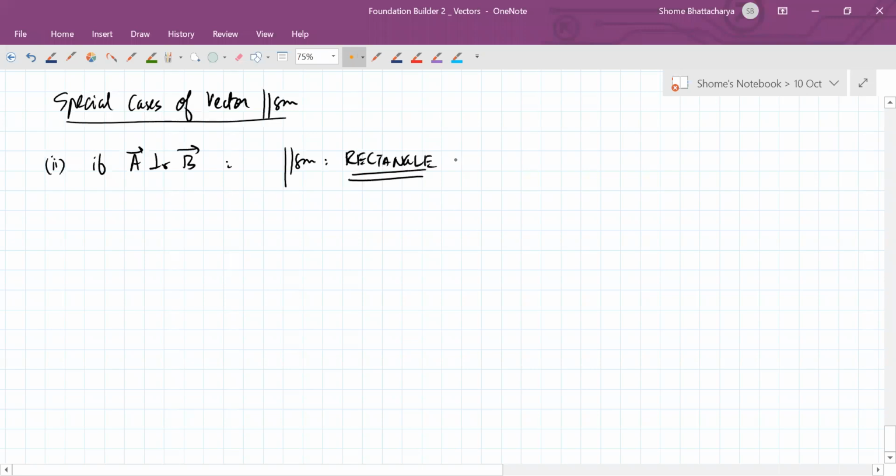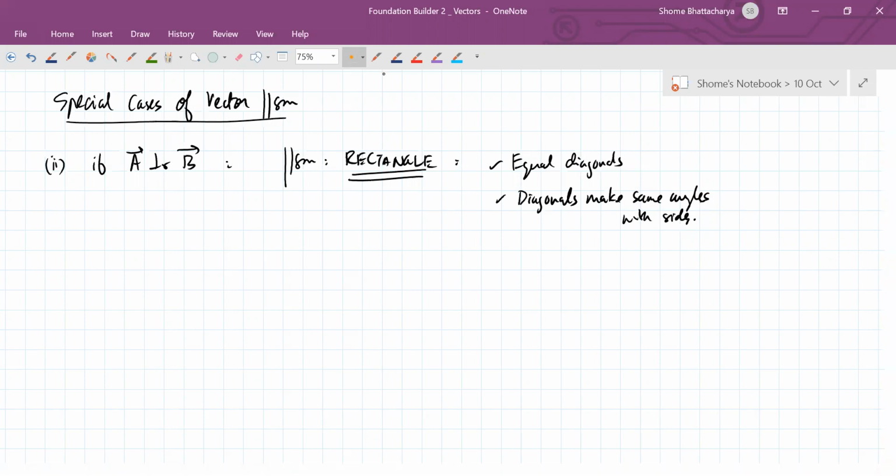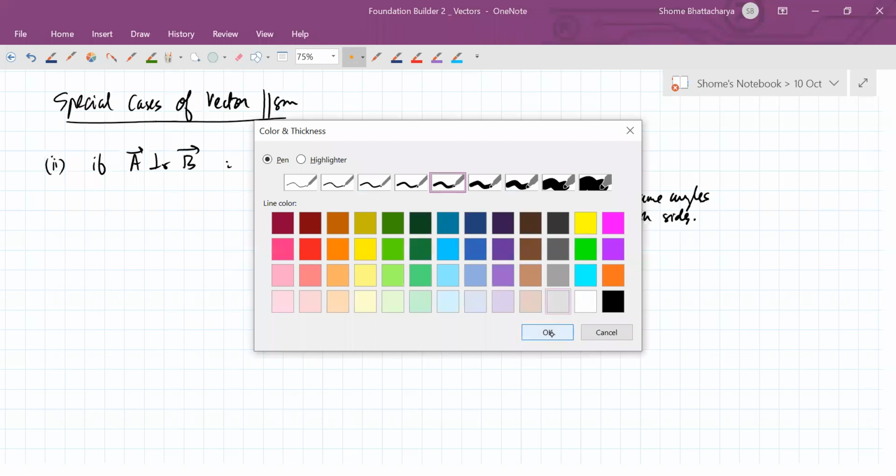Now rectangle has all these important properties. Equal diagonals. Okay. Diagonals make same angles with the sides. So let's understand this in context of the diagram first.